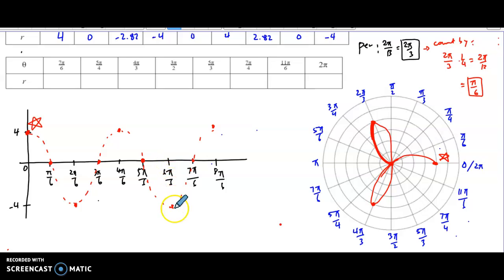At pi, it's at -4. Now look, here's pi, but it says -4, so we actually have to plot the point in the opposite direction, and look, we're right back where we started. There's our 3 petals. Okay?